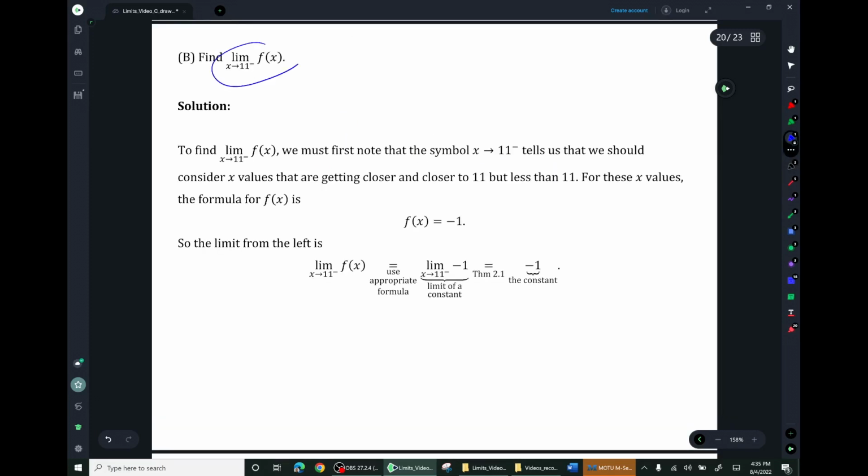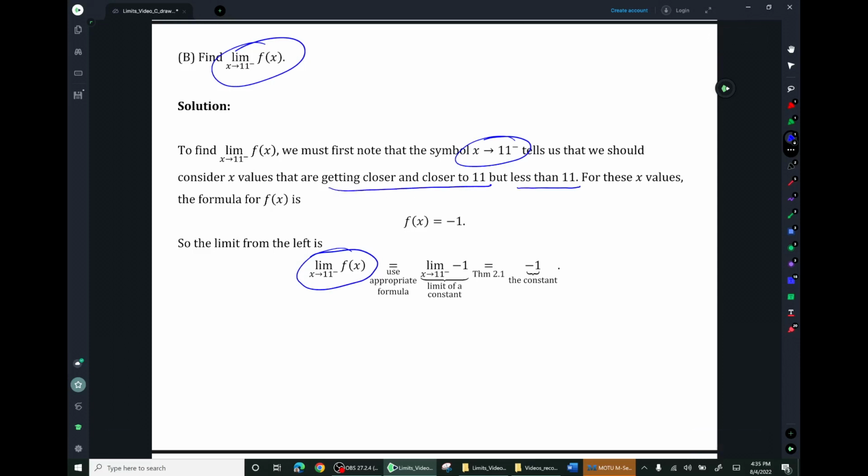Question B was to find the limit as x approaches 11 from the left of f of x. Well, we start by writing down this symbol, the limit as x approaches 11 from the left of f of x. Now remember that this symbol tells us that we should be considering x values that are getting closer and closer to 11, but less than 11.